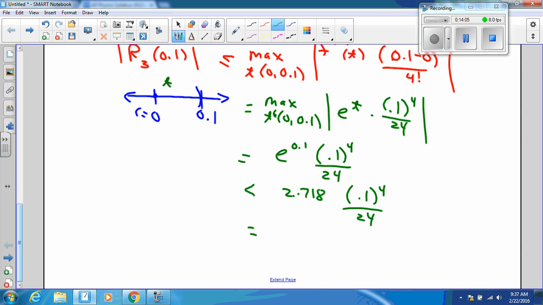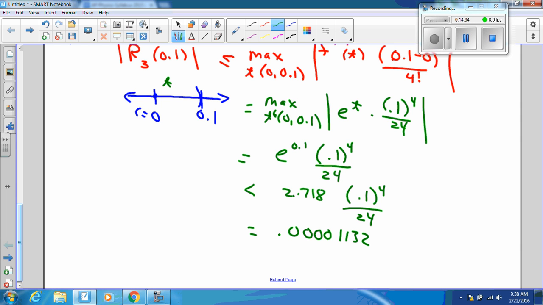And when we compute that, you'll want your calculators out and computing along with me, otherwise it just gets kind of boring. And that error bound turns out to be really nice.